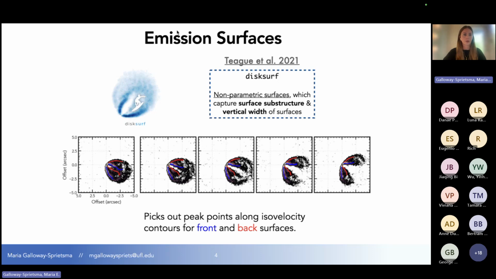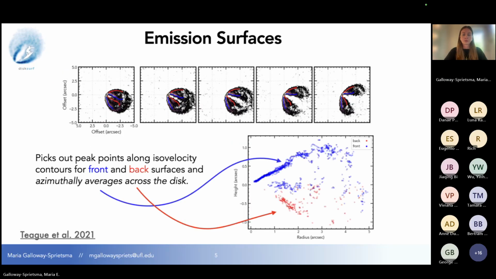So just a quick overview of how DiskSurf works. DiskSurf looks at the individual channel maps for a disk, and it picks out peak points along isovelocity contours for both the front and back surfaces. So you can see that here with the front surfaces in blue and the back surfaces in red. So this is done for a selected amount of channels across the entire disk.